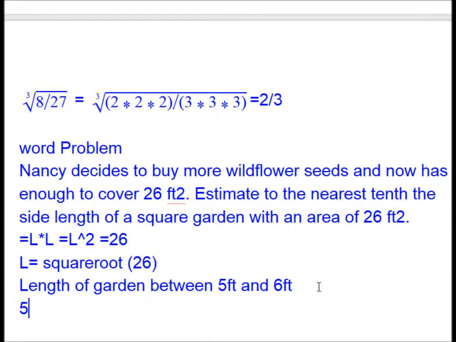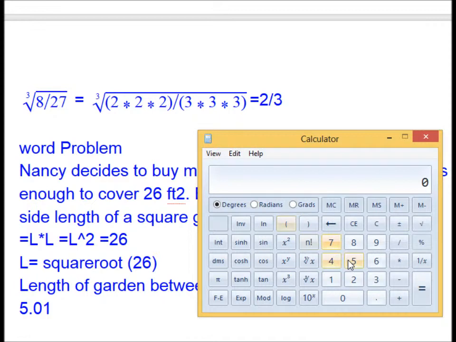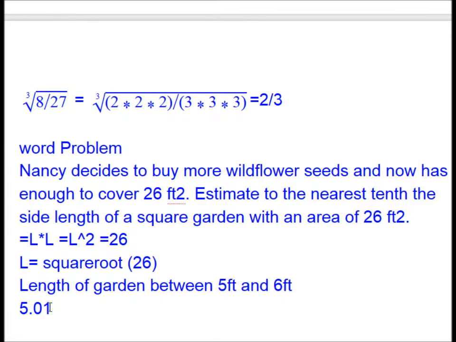Maybe it is 5.01. So let's multiply 5.01 by 5.01. What does it give? 25.0.